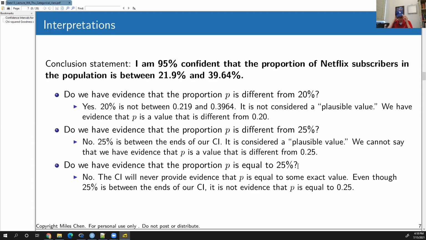That's never our business. So basically any value between 21.9 and 39.64 is plausible. We'll leave it at that, and that's all we can say. We can't say it's definitely equal to 25% or definitely equal to 26% or anything like that.